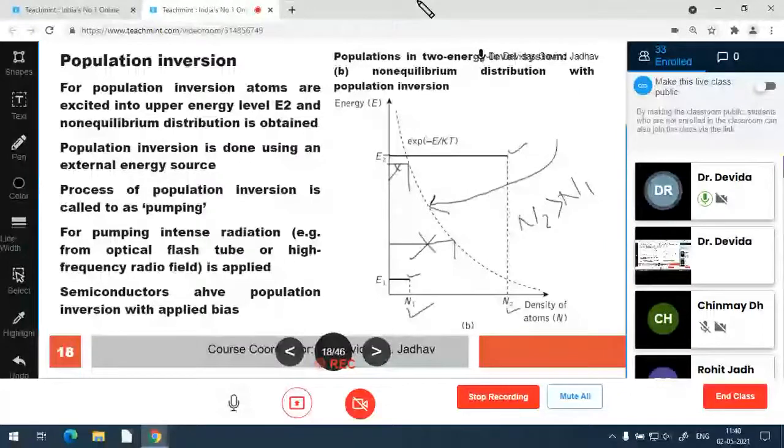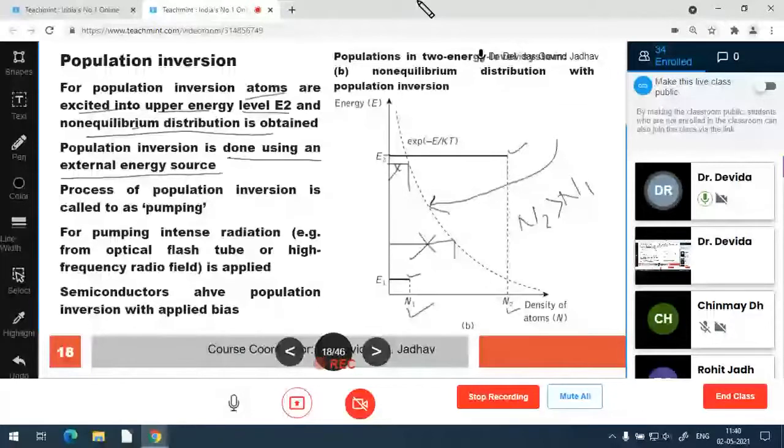But for achieving this population inversion, there must be atoms which are excited into the upper energy level E2, and this is a non-equilibrium distribution. This population inversion is done using an external energy source.